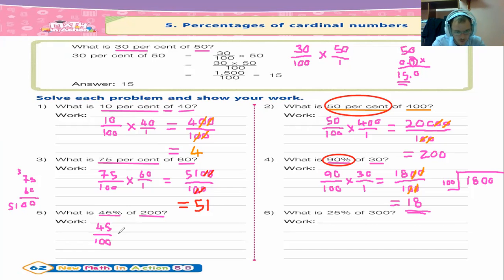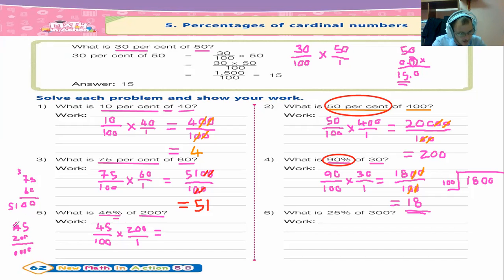Always over 100 if it's a percentage. Times 200 divided by 1. So how do we calculate? We put 45 on top. So we have 45 times 200. Put a 0 and a 0 and a 0.